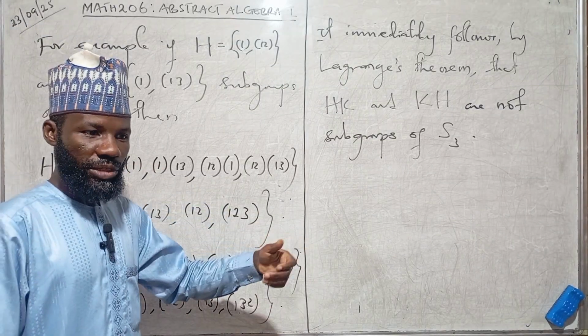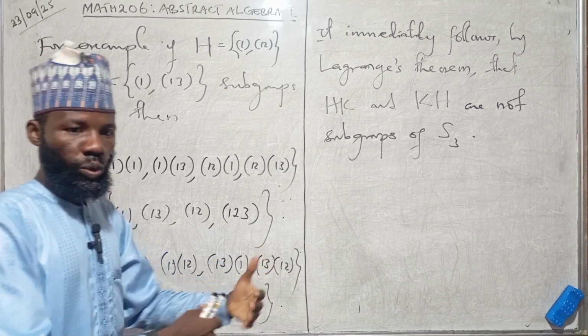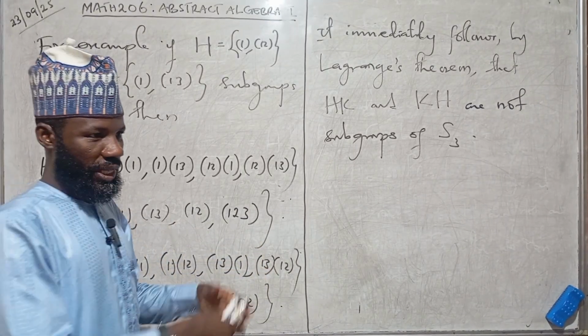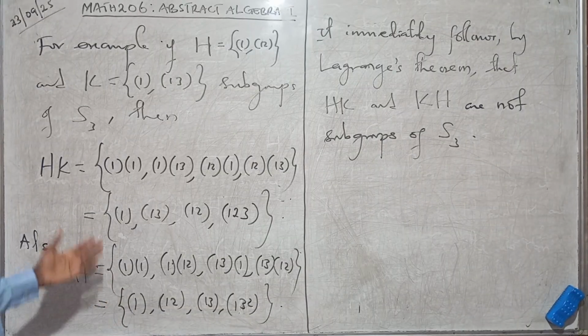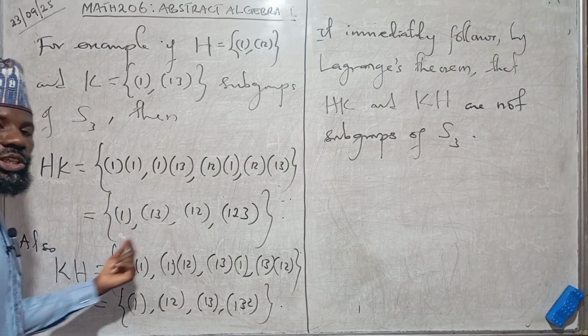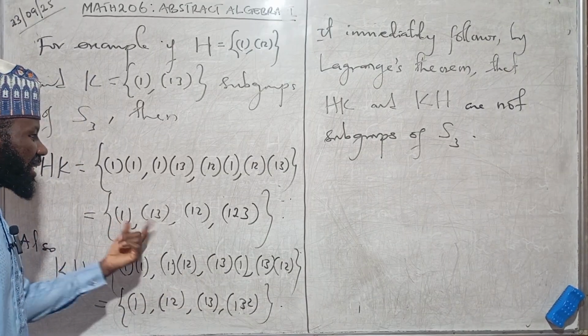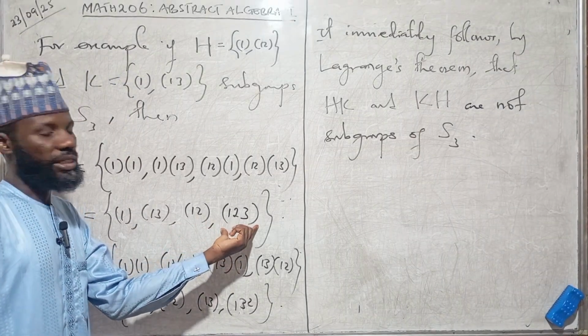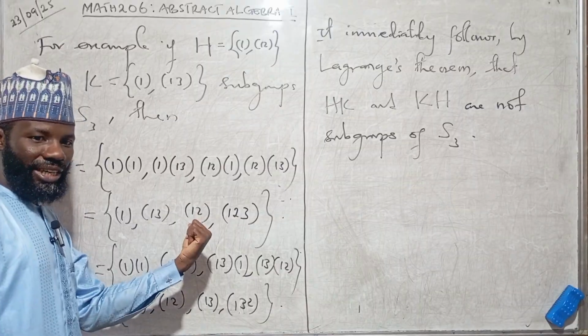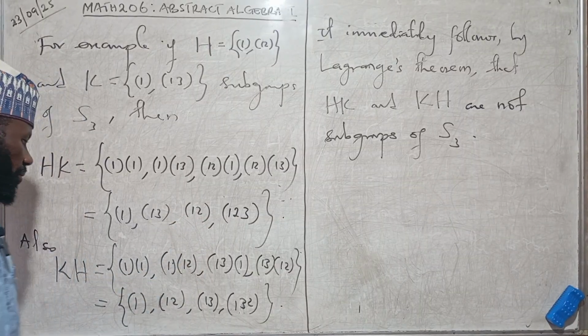Well, this is good because we establish something, or we have a tool we can use to test whether a certain subset is a subgroup or not. Or otherwise, you can check the properties. You can inspect inside here and see that the inverse of this element is (1 3 2), and it is not inside, so immediately you can see that it's not a subgroup.